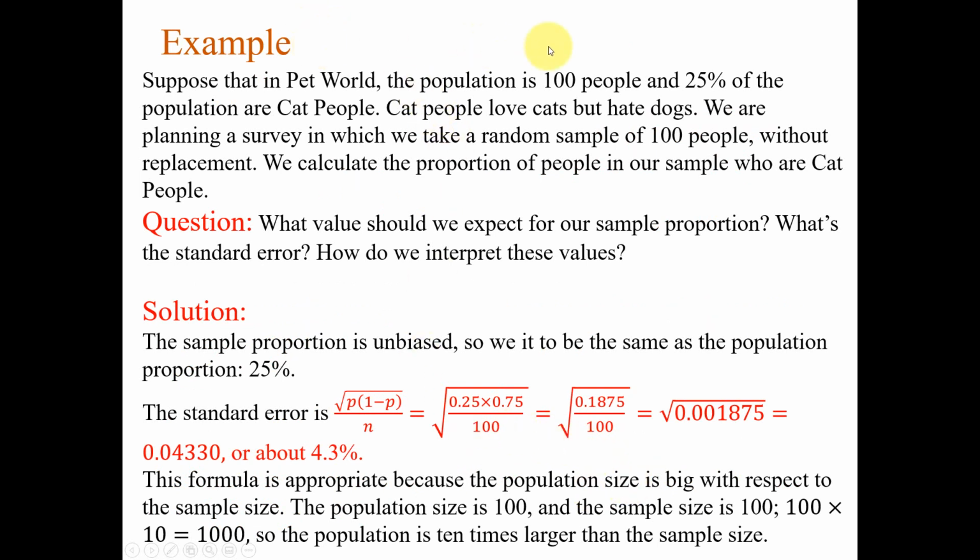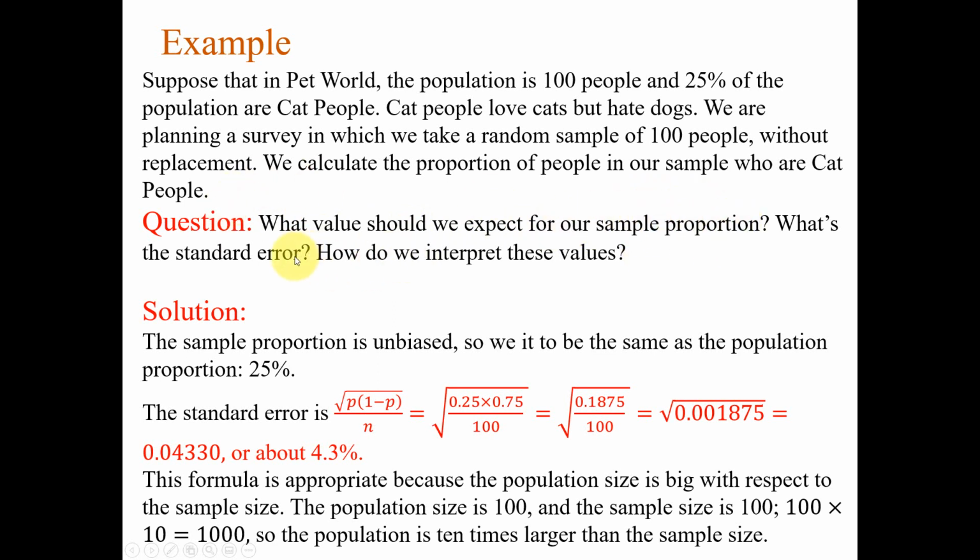So our population in Pet World should be 1,000 people, not 100. 25% would be our p, our cat people. And we're planning a survey in which we take a random sample of 100 people without replacement, and we calculate the proportion of cat people in our sample. What value should we expect for our sample proportion, and what's the standard error?